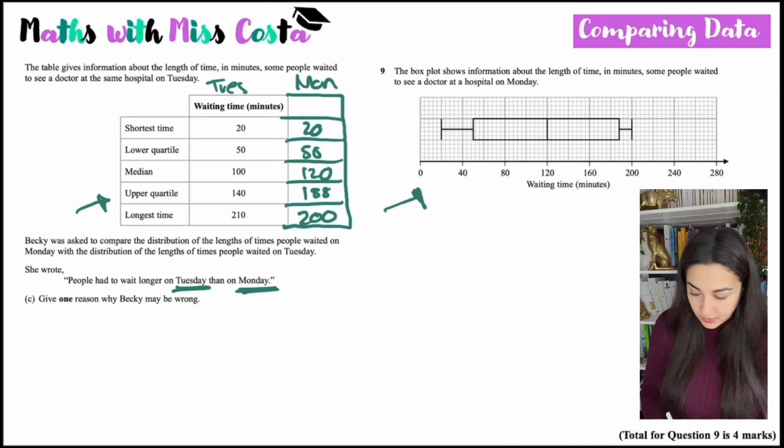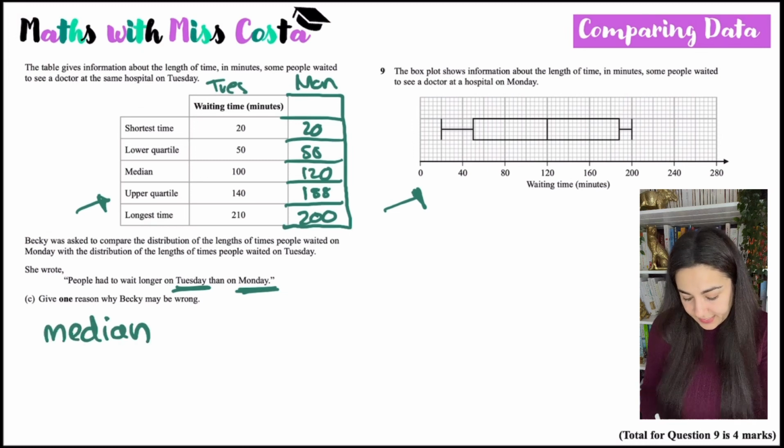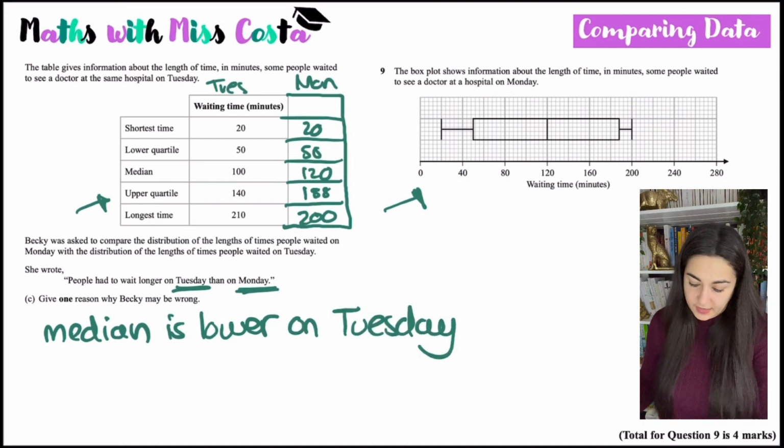Well, she might be wrong, because the median is lower on the Tuesday, which implies that the average people would have waited less time.